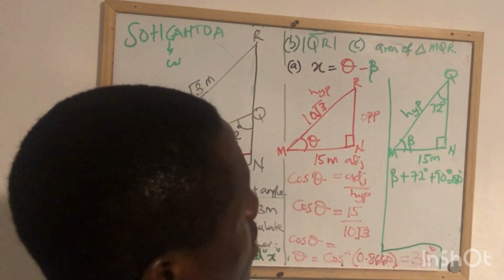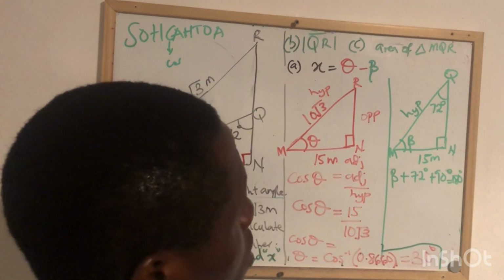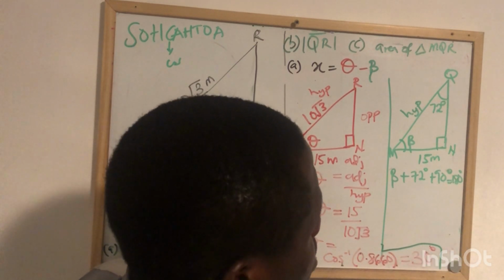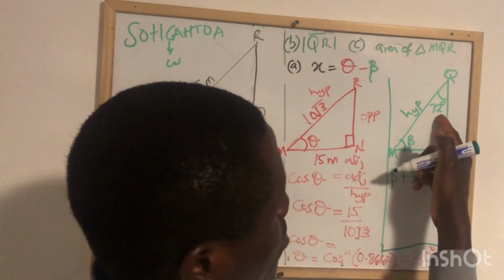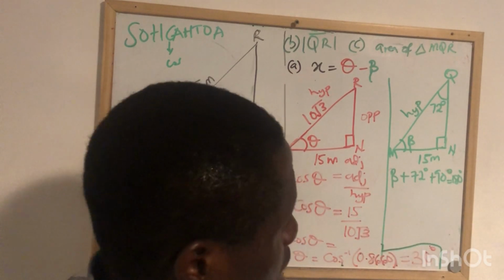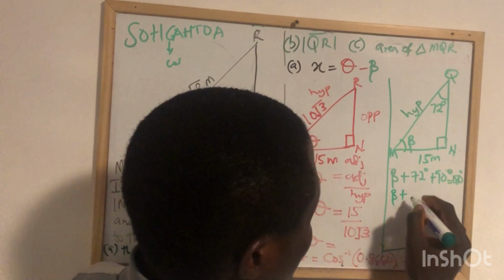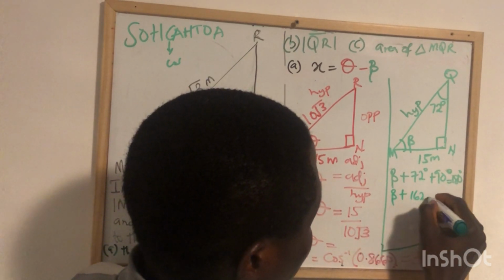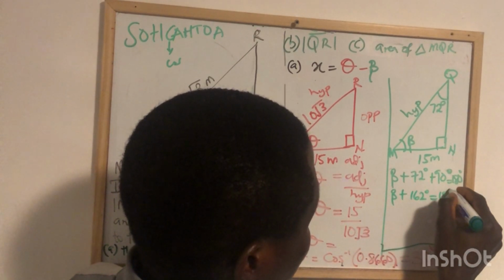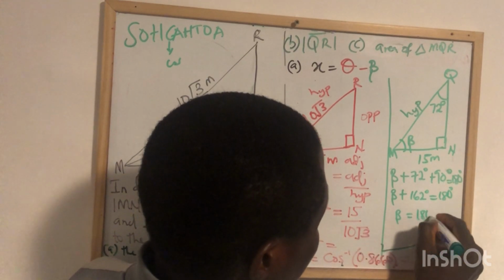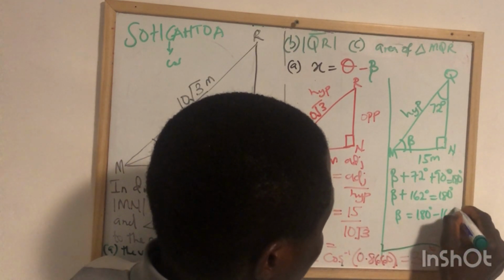Can you see? Not every question needs the formula. It depends on how you read the question. So beta plus 162 degrees equals 180 degrees, so beta equals 180 degrees minus 162 degrees.